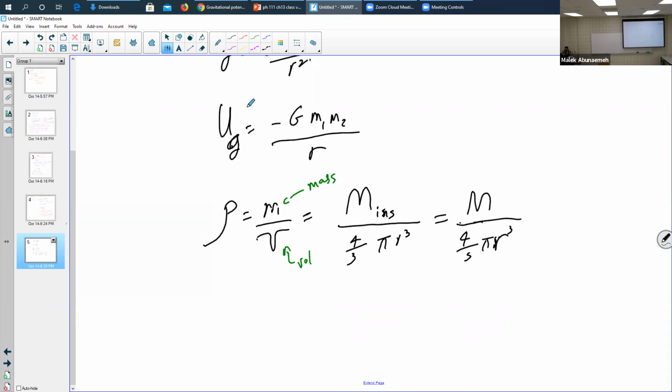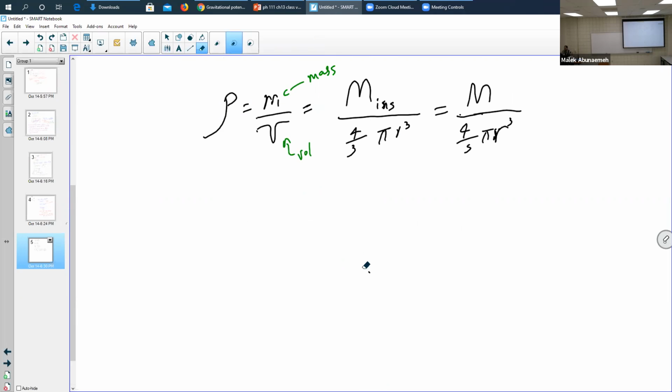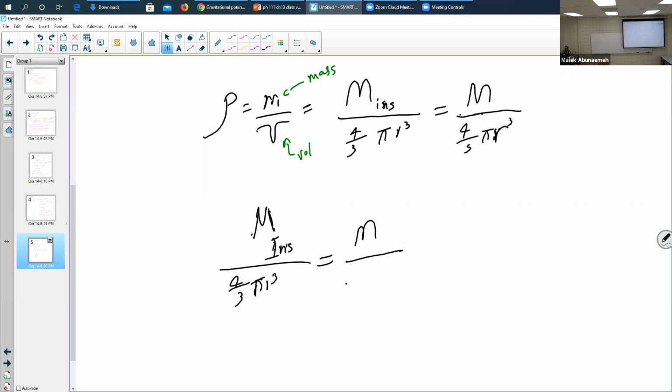Now, looking at this one, let me just rewrite the equation down. So your mass inside the Earth divided by 4/3 pi r cubed is going to equal your mass divided by, again, 4/3 pi R cubed from your density, which you can cancel out the 4 over 3 pi.